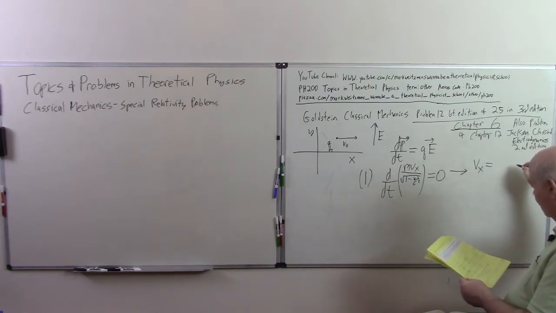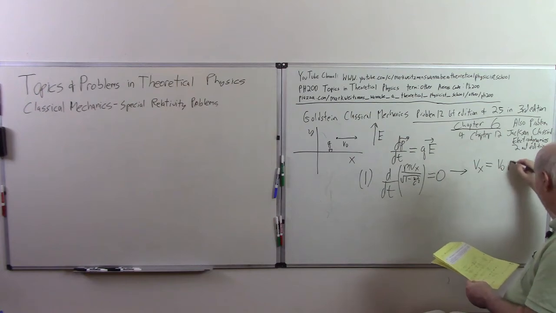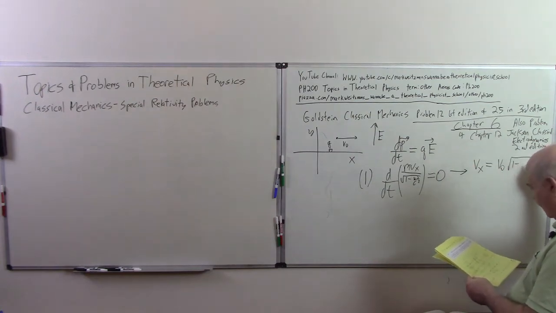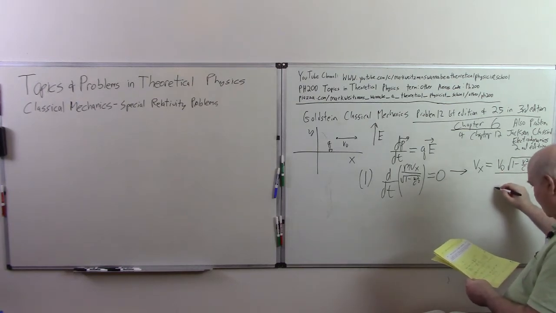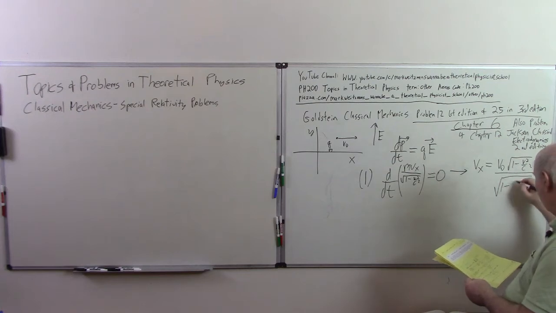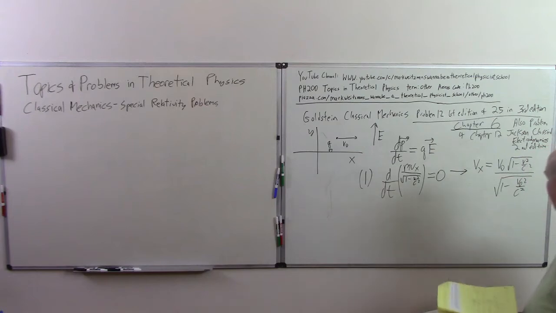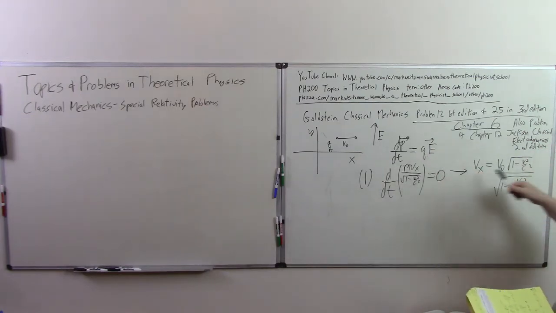So we're led to a very simple equation. vx over the square root of 1 minus v squared over c squared is equal to v0 divided by the square root of 1 minus v0 squared over c squared. Because in the initial conditions at time t equals 0, v is just v0.